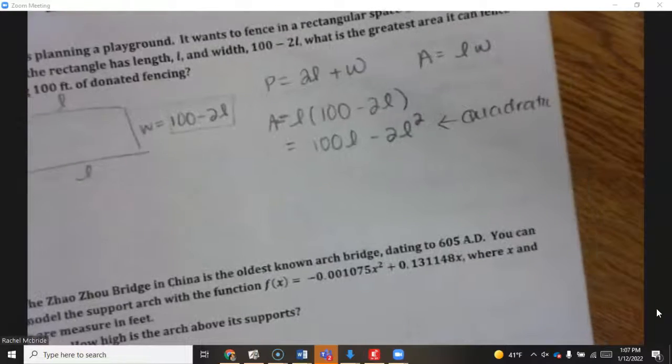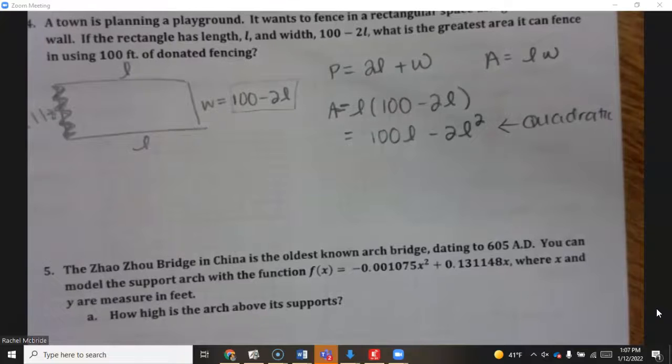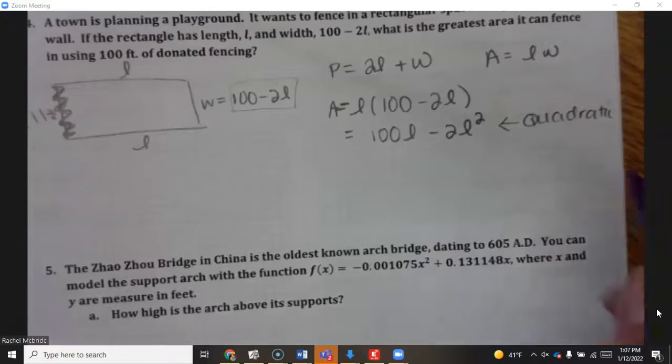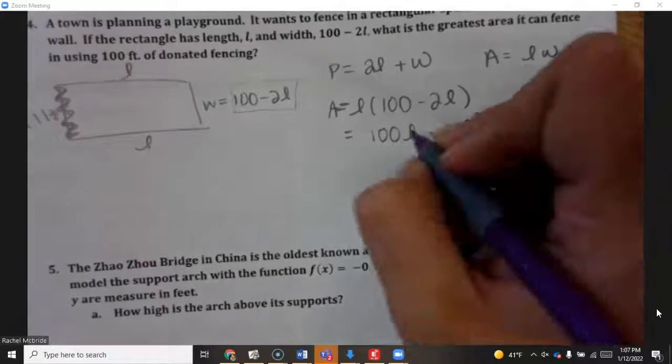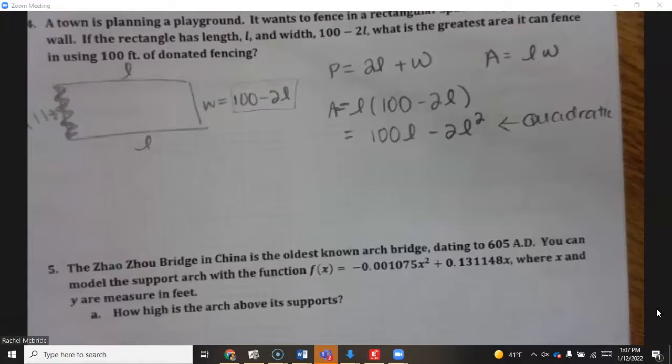In order to maximize something, the max of a quadratic occurs at its vertex. So if we want to maximize the quadratic, we need to find its vertex.